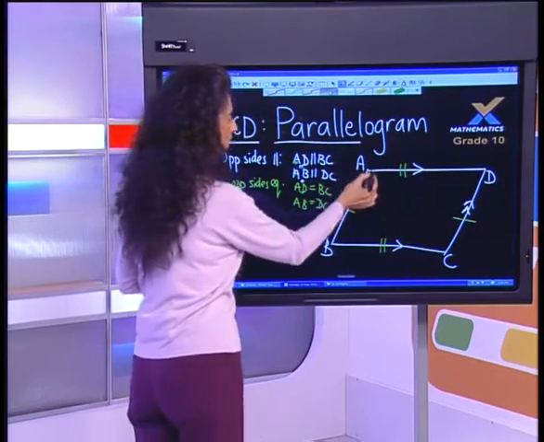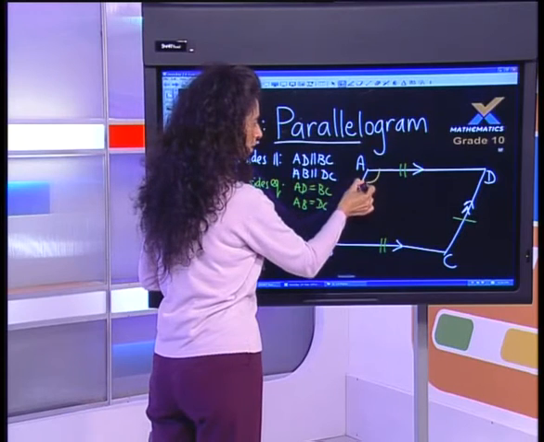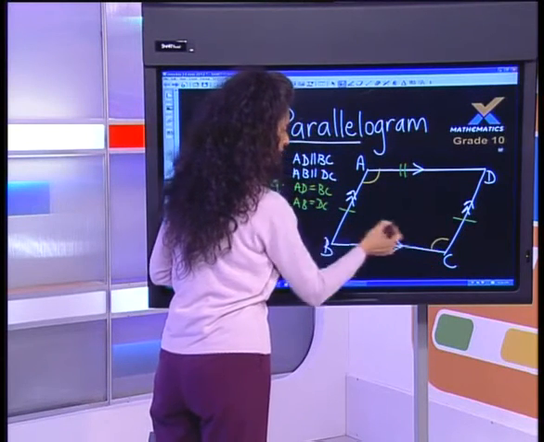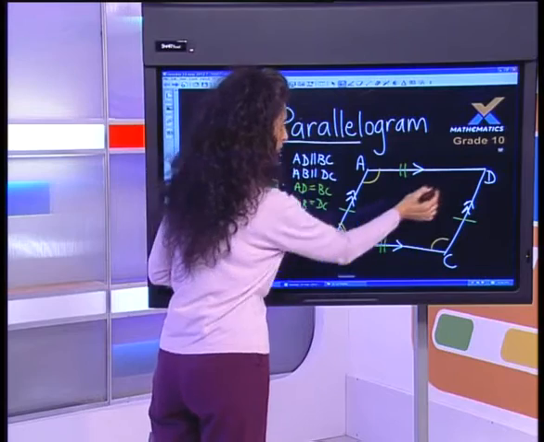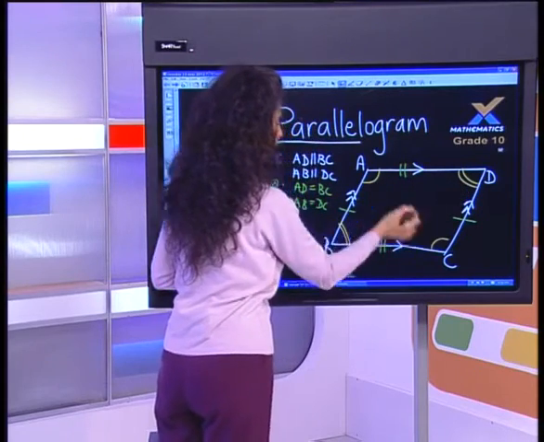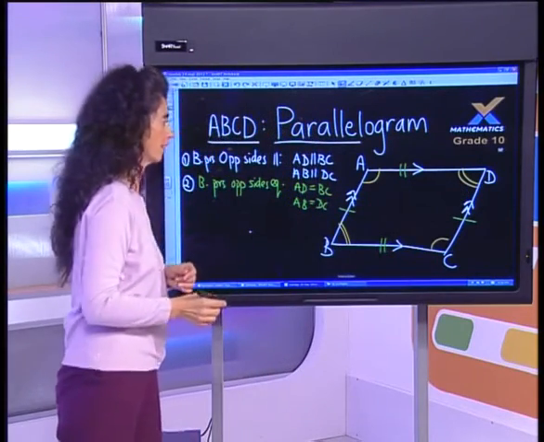Okay, in a parallelogram, the opposite angles will be equal. So B will be equal to angle D, and A will be equal to angle C. So both pairs of opposite angles equal.